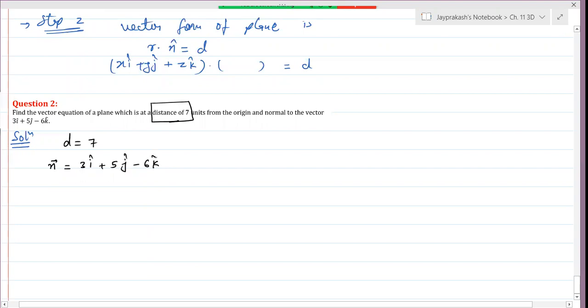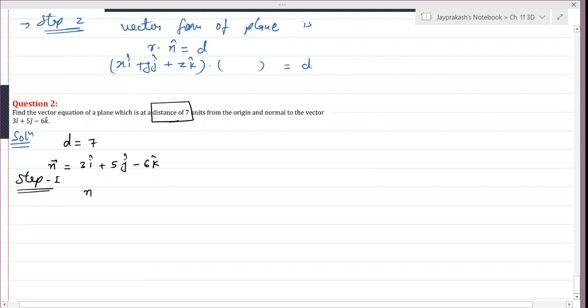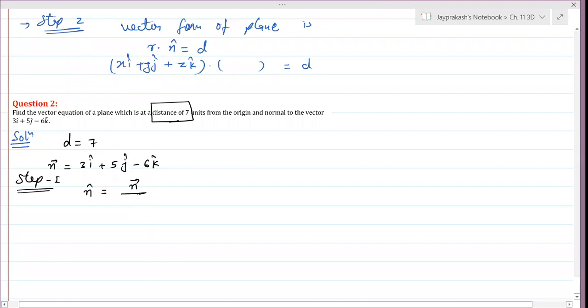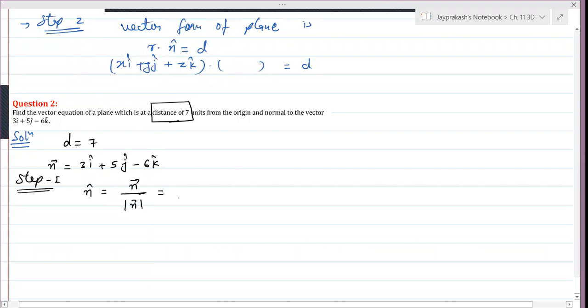Now the first step, now you can write, Jatin, that the first step we need to find the unit vector of n. So that means the vector n divided by the modulus of n. So what is the modulus value of n?